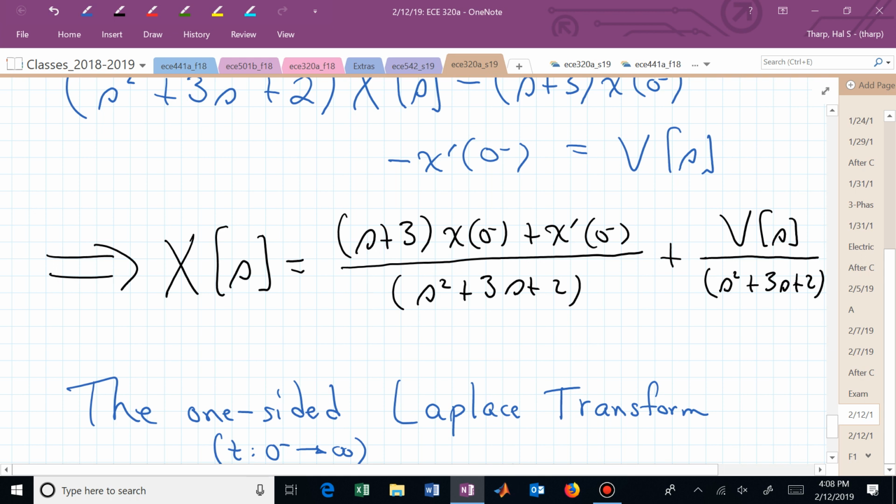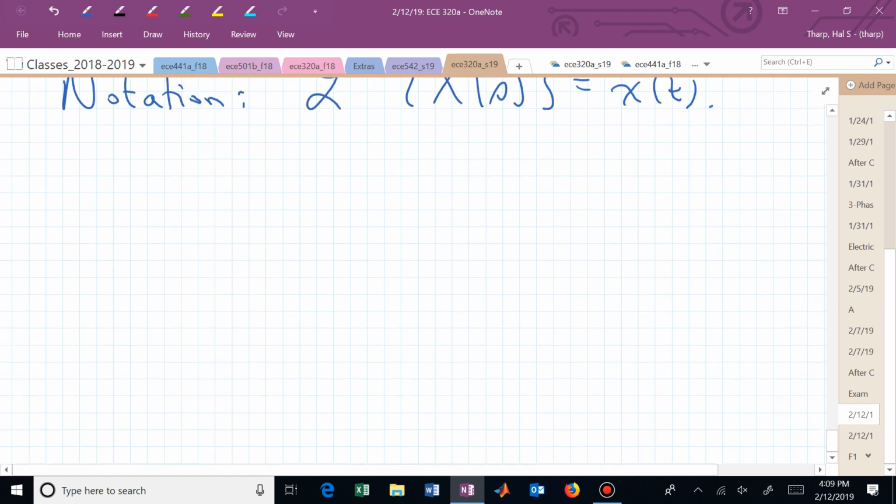So our answer, capital X of s, or inverse Laplace transform, little x of t, is made up of two parts. One part comes from initial conditions, so if we have zero initial conditions, we wouldn't even have to worry about that piece. The other piece is a result of the forcing function, what little v of t was doing to our system, or differential equation.